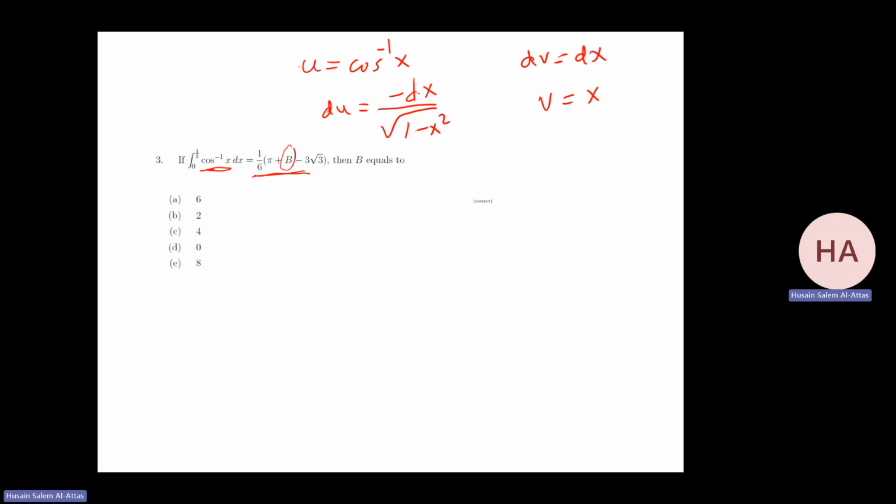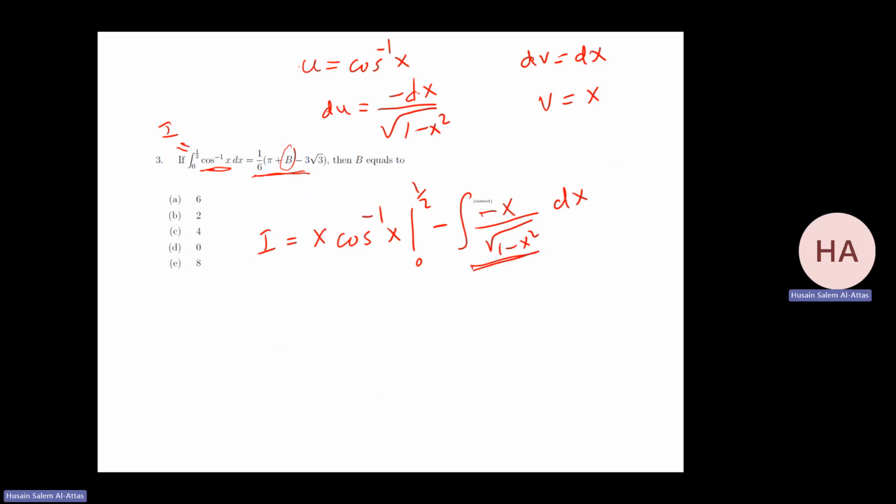Okay, so the integral, let me write it I. So I will be what? X cosine inverse of x from 0 to half, minus integral of the remaining, which is minus x over square root 1 minus x squared dx.